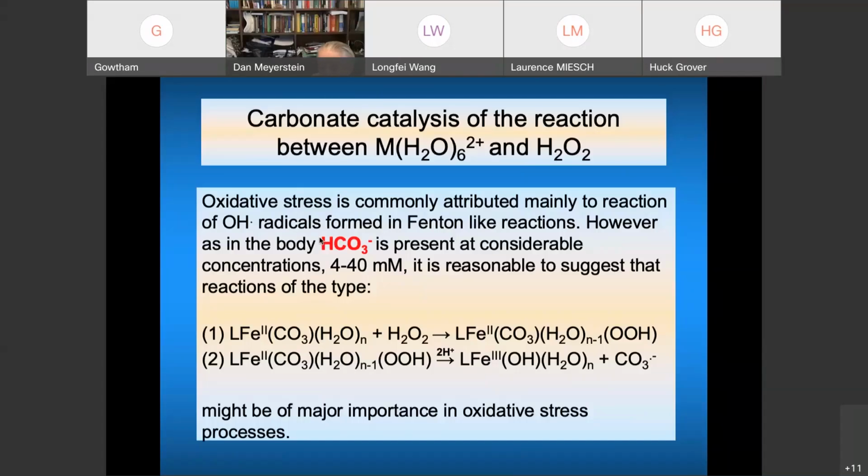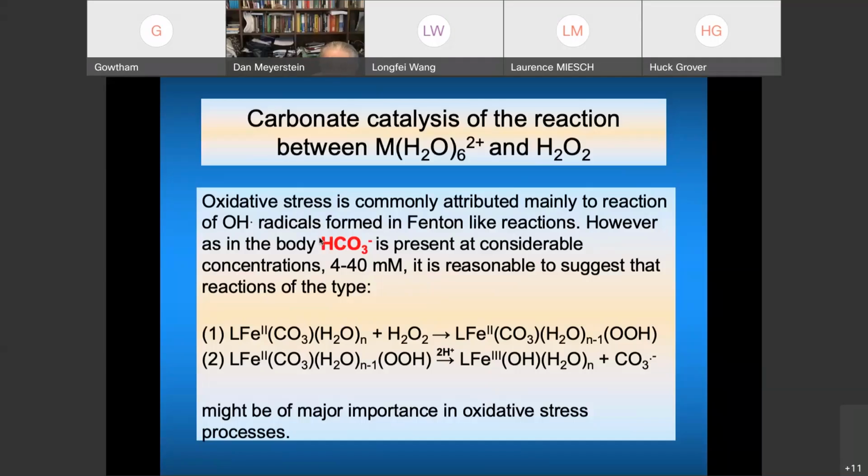Under these conditions, the question is, in biological systems, do we form OH radicals as commonly assumed and commonly attributed to oxidative stress, or do we form carbonate anion radicals?